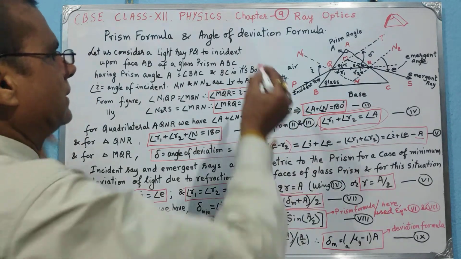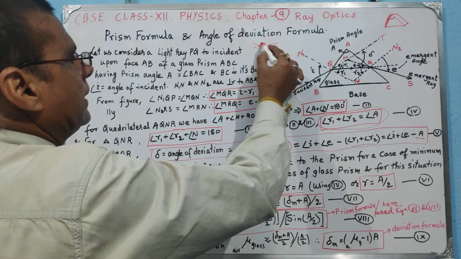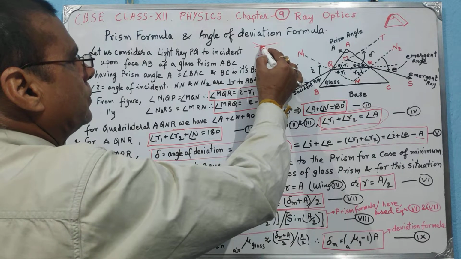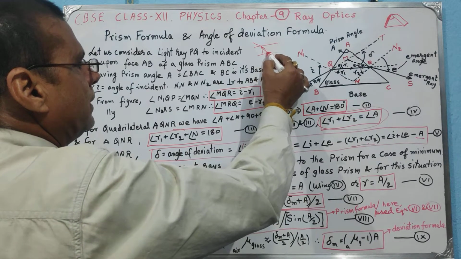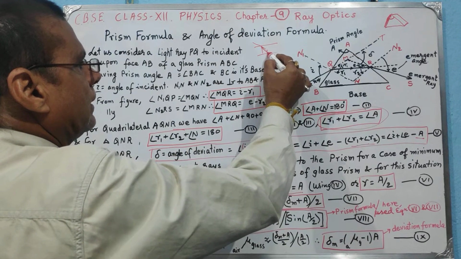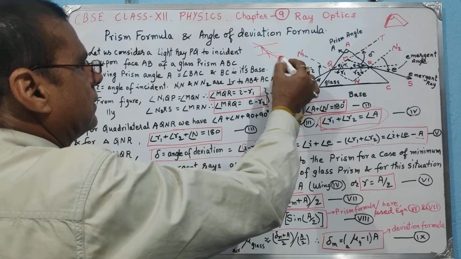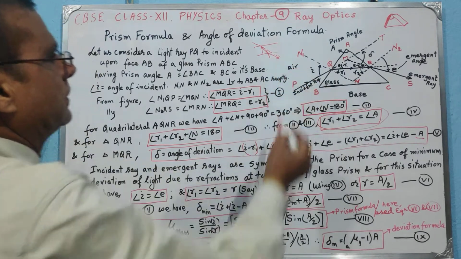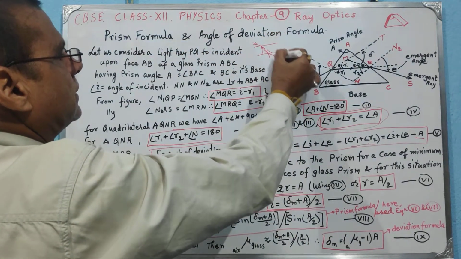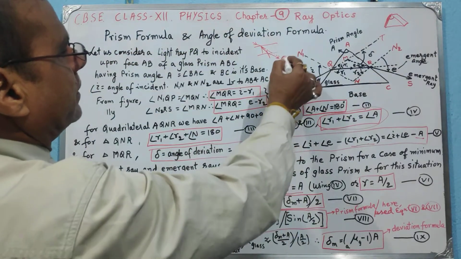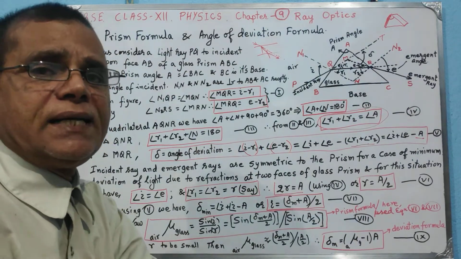In a glass slab, a light ray is incident on the surface. It bends towards the normal, and again after emerging out of the glass slab, it occupies the same original direction along which it was incident. It suffers only lateral shift, and there is no change in direction of the light ray.